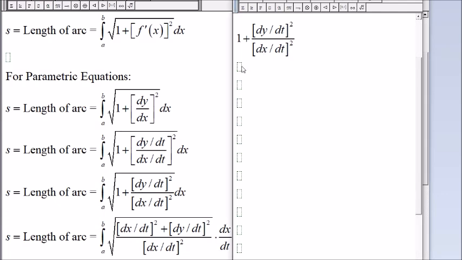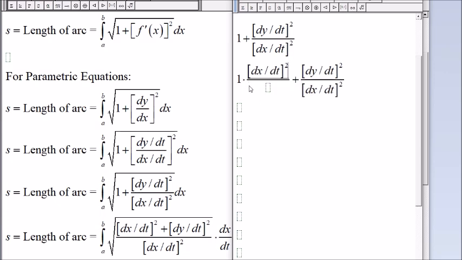So the common denominator is (dx/dt) squared, meaning we can multiply this by (dx/dt) squared divided by (dx/dt) squared. So this is just 1.